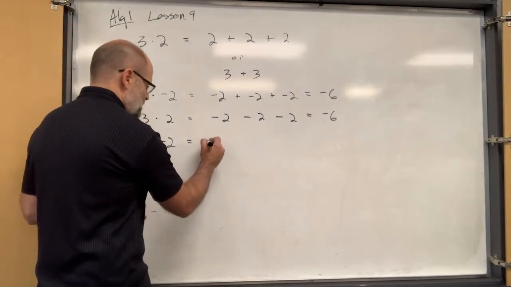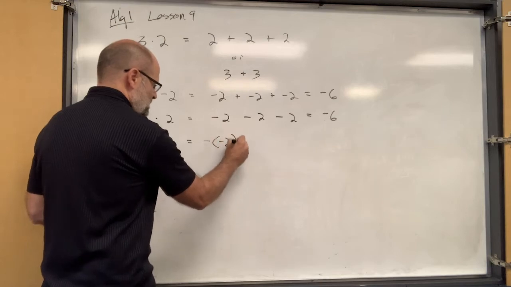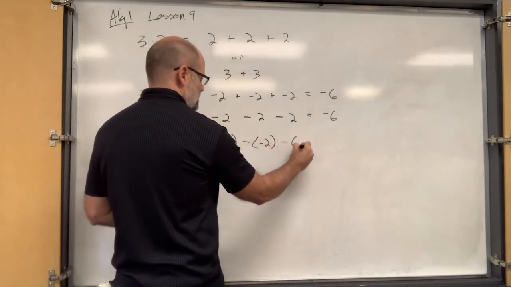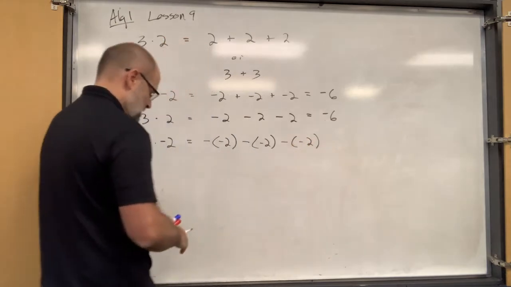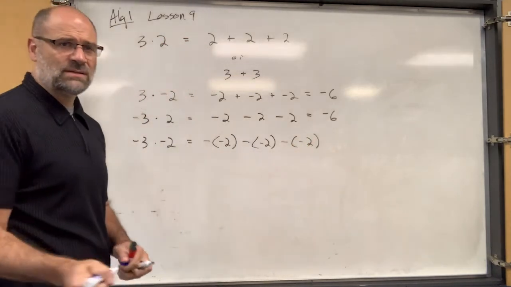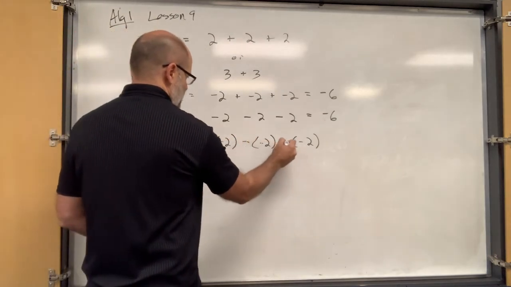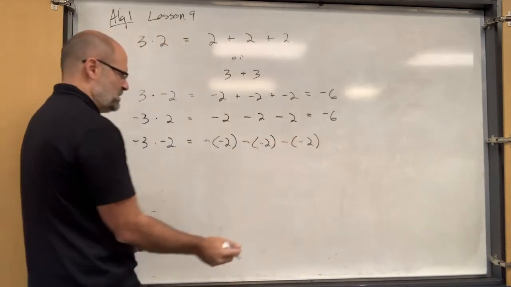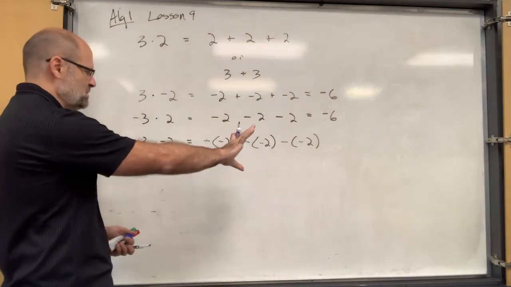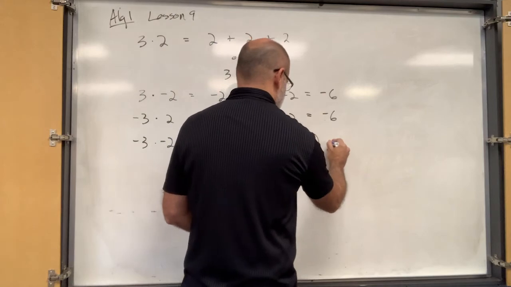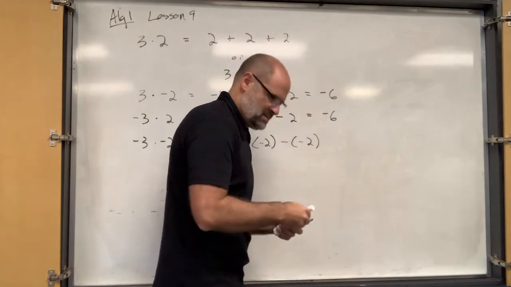So I'm going to subtract a -2, subtract a -2, and subtract a -2. And what do we do with subtraction? Chicken scratch. So that's just one big positive addition problem. 2 plus 2 plus 2 is 6.